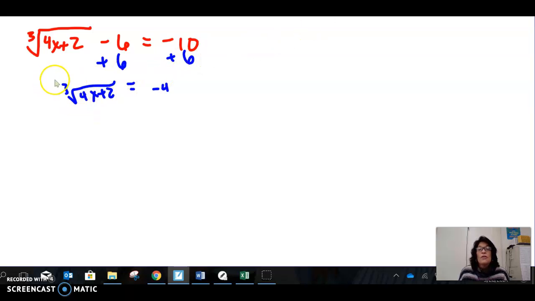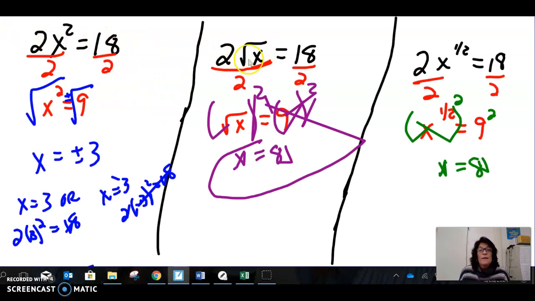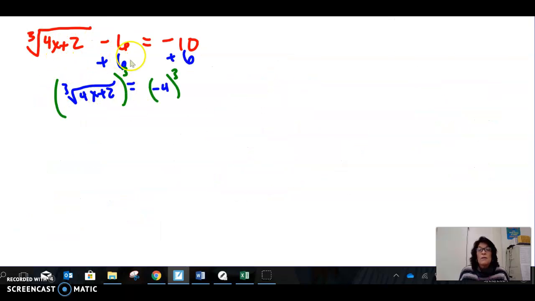To get rid of the cubed root, I am going to do the opposite of cube rooting, and cube, raise it to the 3rd power. When we wanted to undo square root, remember we squared. Well, now we want to undo cubed root, so we cube. When you cube a cube root, you just get 4x plus 2.